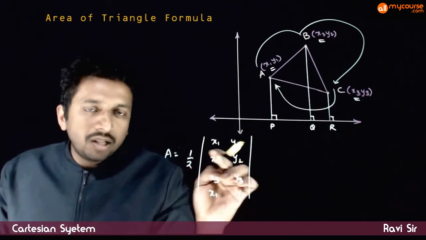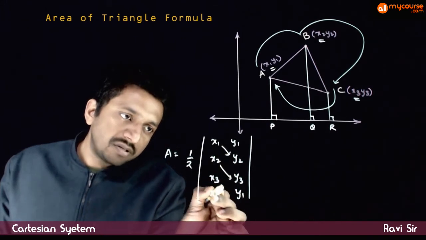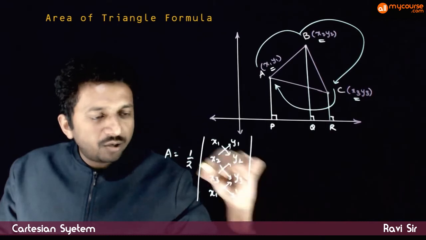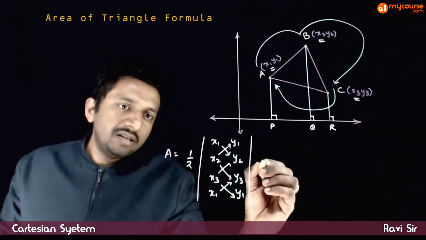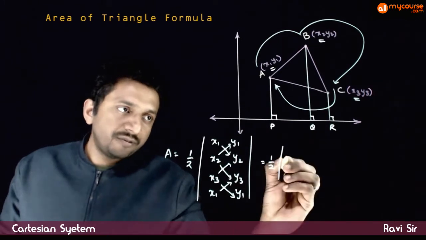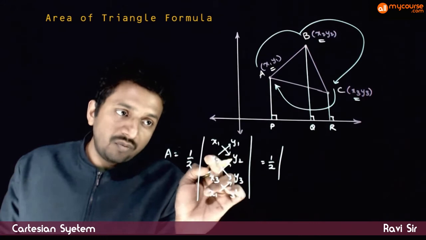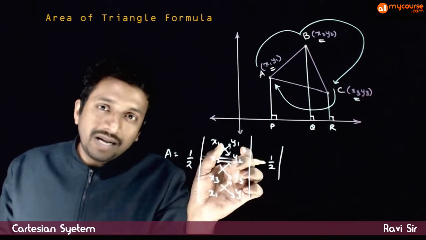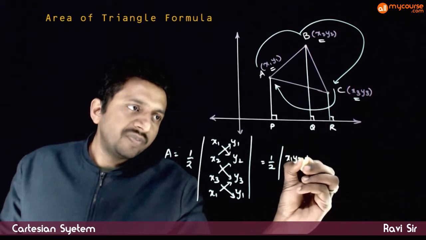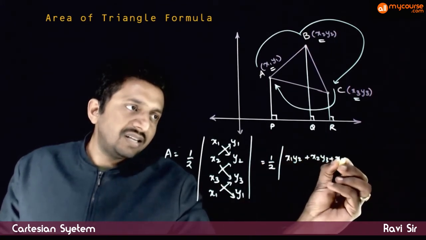Now you write all the coordinates and the downward arrows are to be added and the upward arrows are to be subtracted. So the area is equal to half of modulus of the downward arrows. The numbers connected by downward arrows have to be multiplied and added. It is x1 y2 plus x2 y3 plus x3 y1.